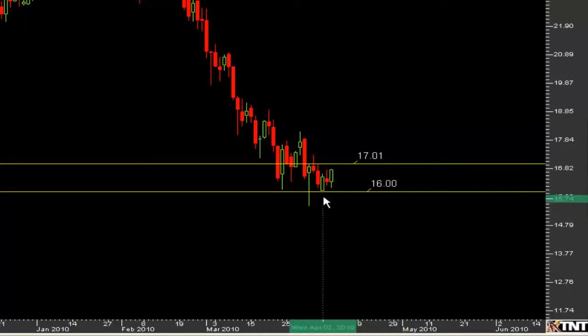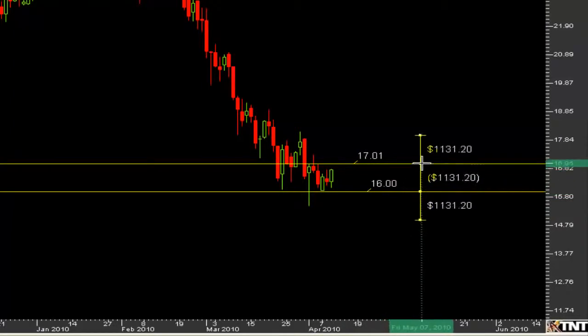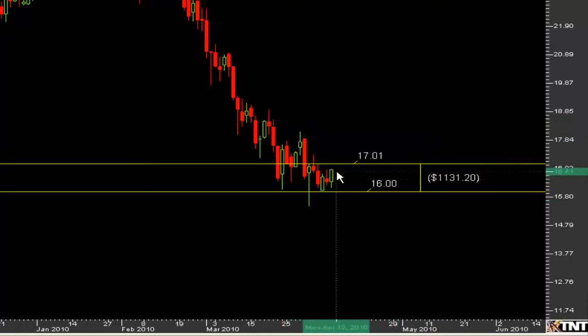So that makes a big difference because I'm just trying to get you a rough idea here, our risk is considerably more using this break technique, this breakout technique.